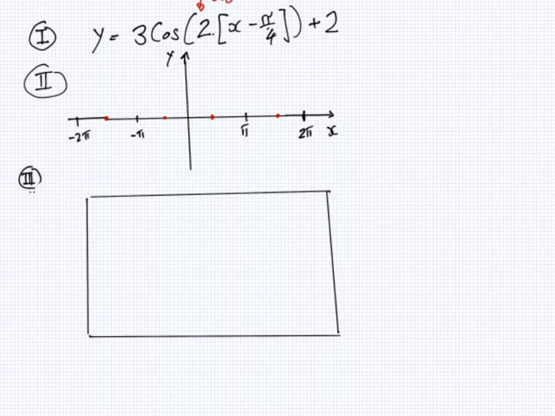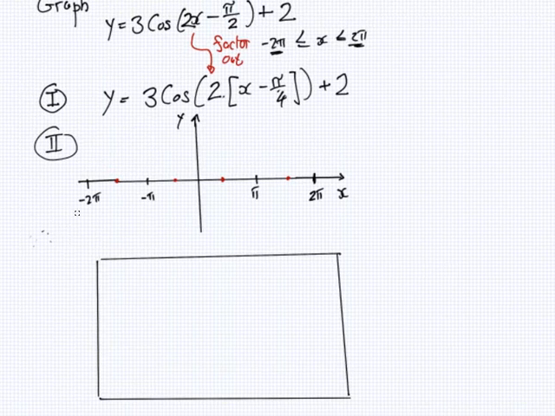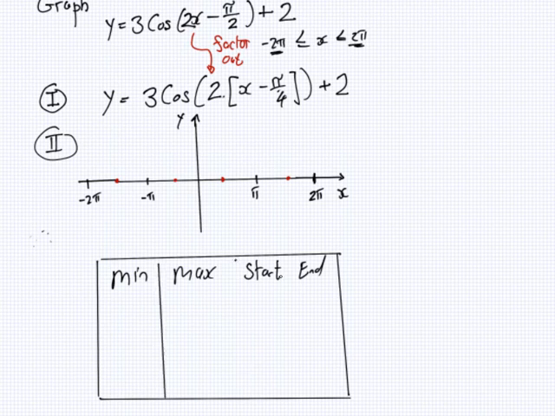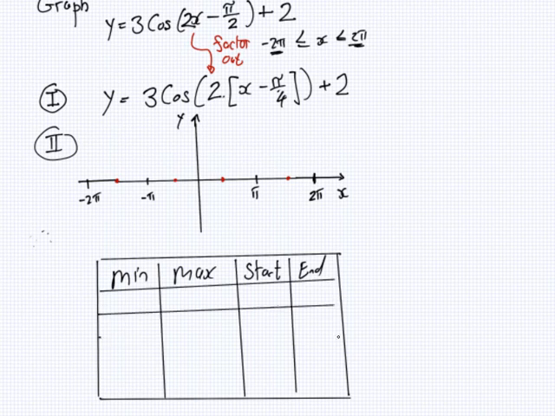Min, max, start, end. One, two, three, four. I need 5. 1, 2, 3, 4, 5. Okay.